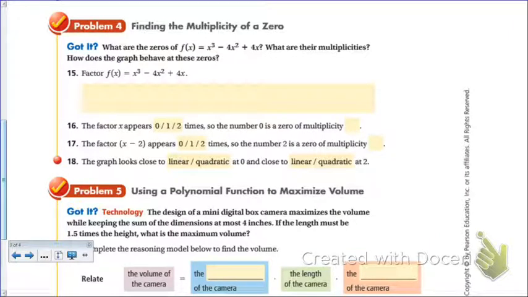Problem 4, finding the multiplicity of a 0. Multiplicity just means that a 0 shows up multiple times, the same 0 many times. And that many times could be 2, 3, 4, whatever.